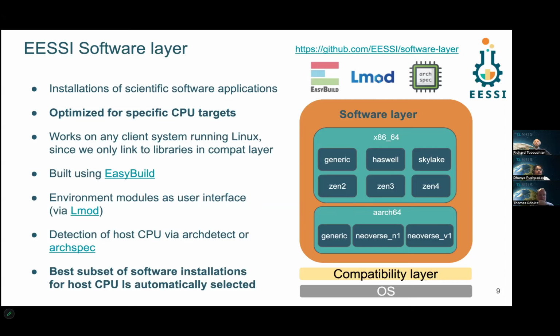The EasyBuild installation framework is used to build, optimize, and install each scientific application or library for every supported microarchitecture by running on an appropriate build node with the corresponding microarchitecture.